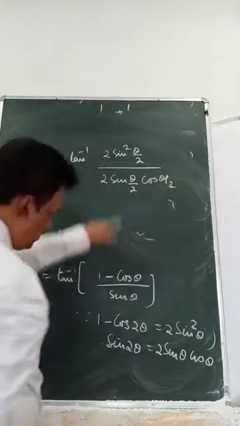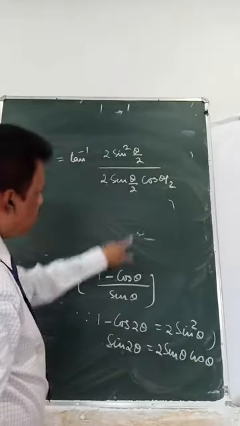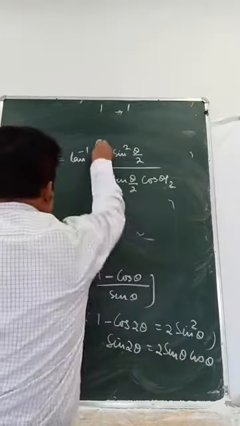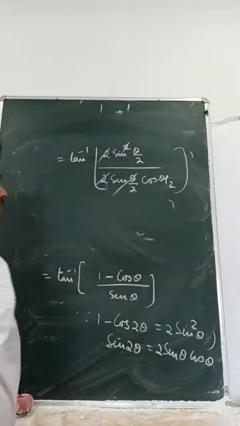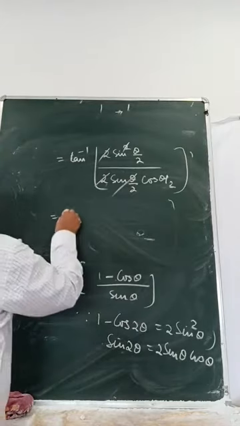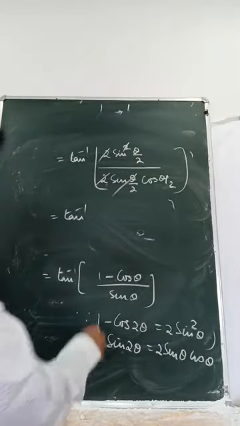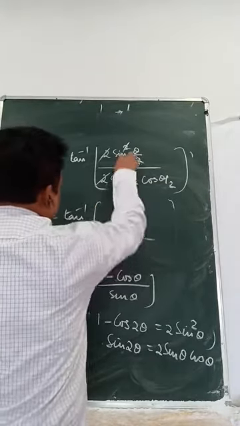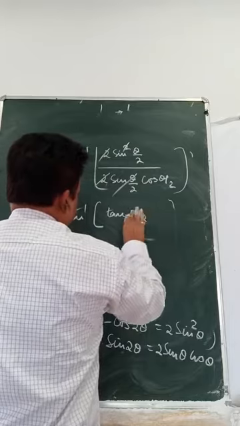Look at, compare this one with this. This angle becomes half. Now 2 cancelled, one of the sin is cancelled. So you are getting tan inverse, sin by cos is tan of theta by 2.